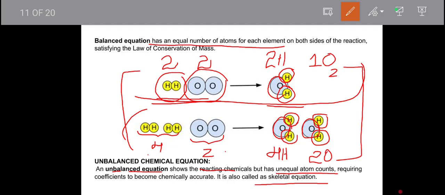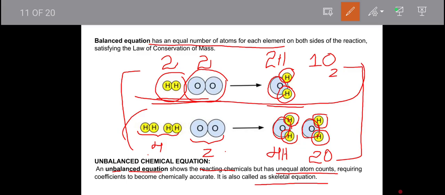Got it? So you will be given an unbalanced equation where the number of atoms on the reactant side and product side will not be equal, and you are going to make the number of atoms equal. That is, you are going to study how to balance a chemical equation.